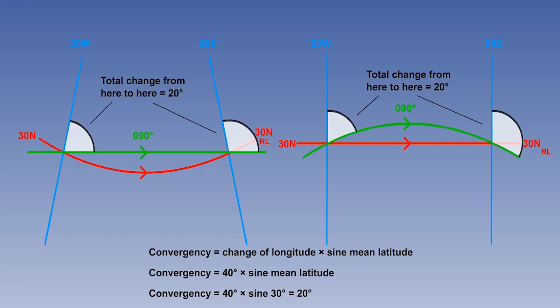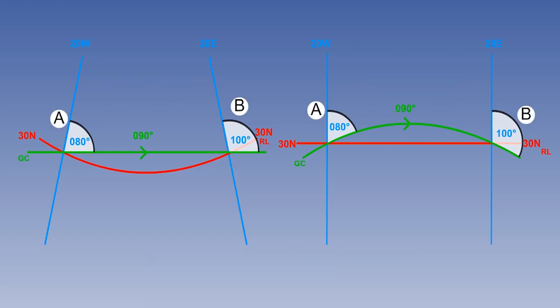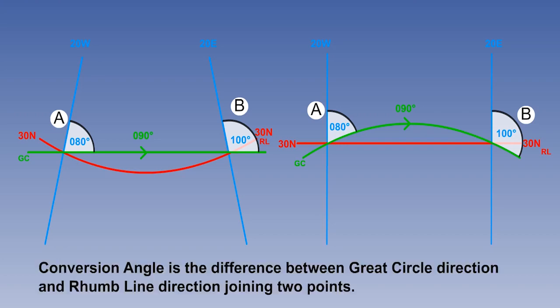If the great circle track increases by a total of 20 degrees and is 090 in the middle, what is its initial track? And what is its final track? If the track angle increases by 20 degrees and is 090 in the middle, it must start on 080 degrees and finish on 100.